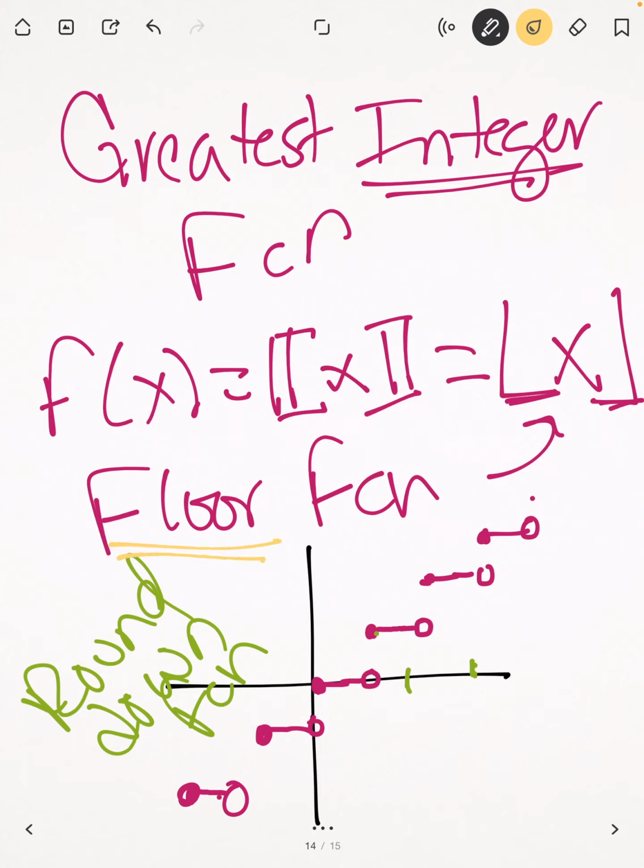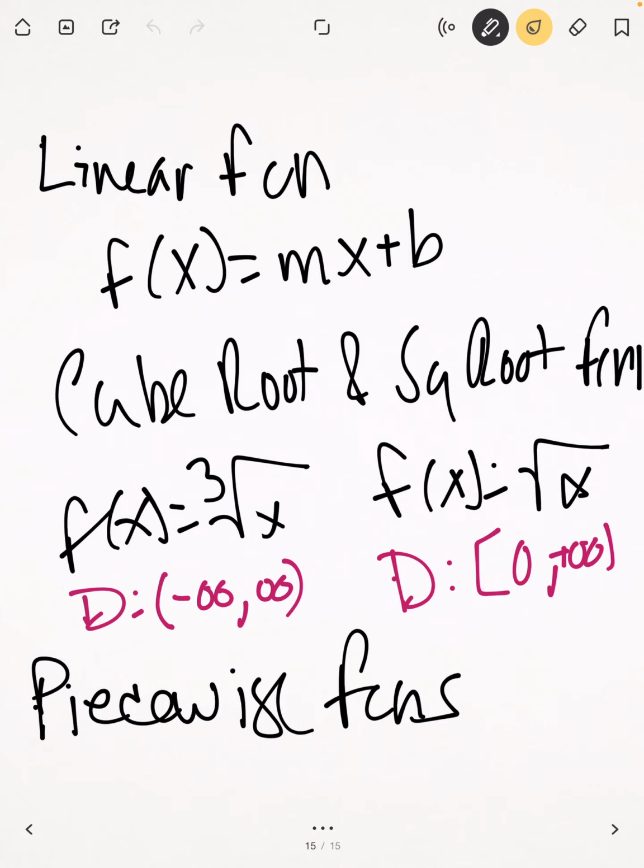The book calls it greatest integer, so I want you to know that term, just like I want you to know their notation, but I will often write it this way. And so just as we start to work through this, we're going to get familiar with this library of functions, and the reason we do that is because once we're comfortable with those, we'll be able to begin graphing without finding each of the points.